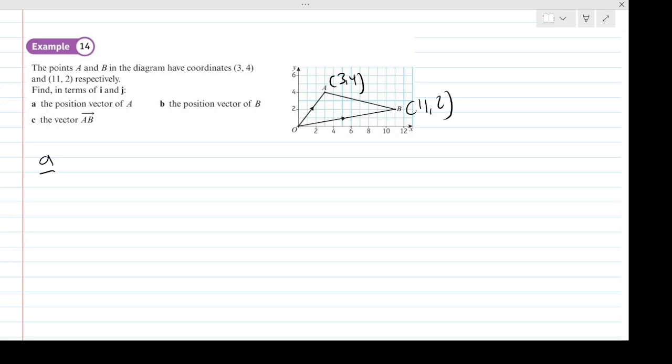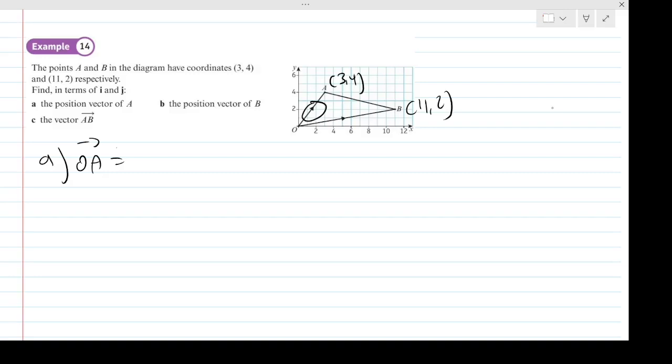First of all, the position vector of A. The position vector of A is basically the vector coordinate of A. So it's from the origin to A, OA. Remember, a position vector is just from the origin to my point.